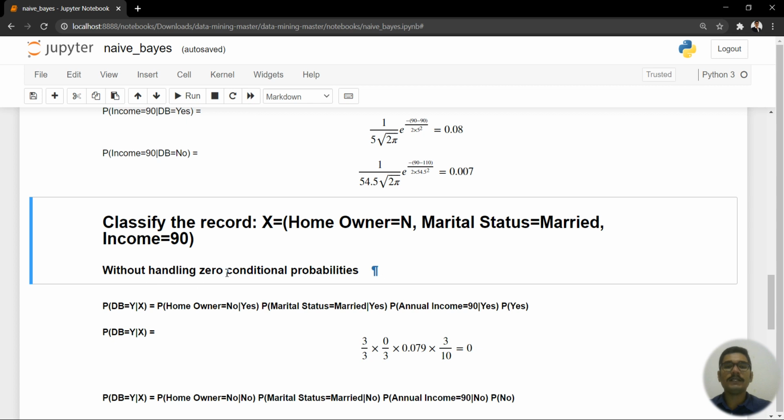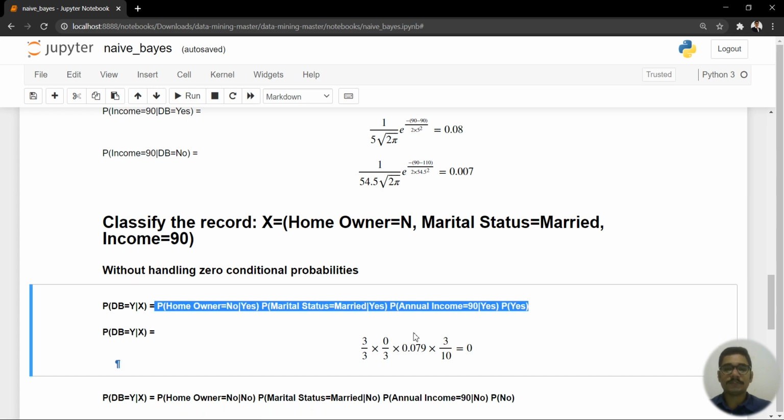We are currently skipping that value because we need not have it. So we take that out and determine the maximum value. You plug in these values, and since one of the values was 0, this particular instance gets a 0 probability.